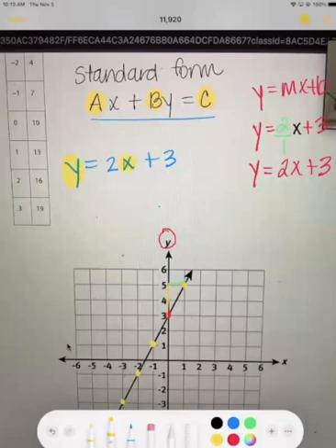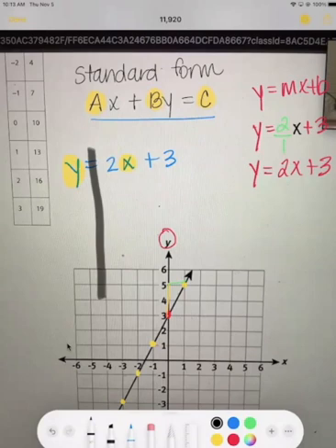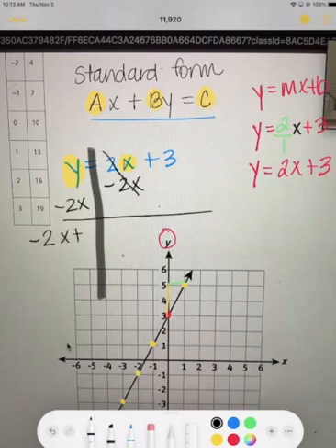So y is already over there. We need to get x over there. So I am going to now solve this to get x. So 2x is positive. So I'm just going to subtract 2x from both sides. All right, and that leaves me with negative 2x plus y equals 3.